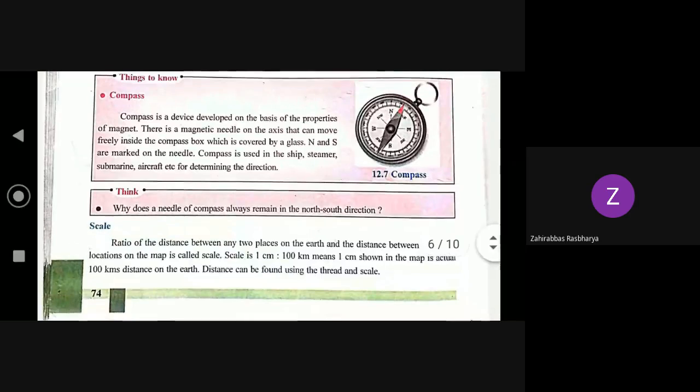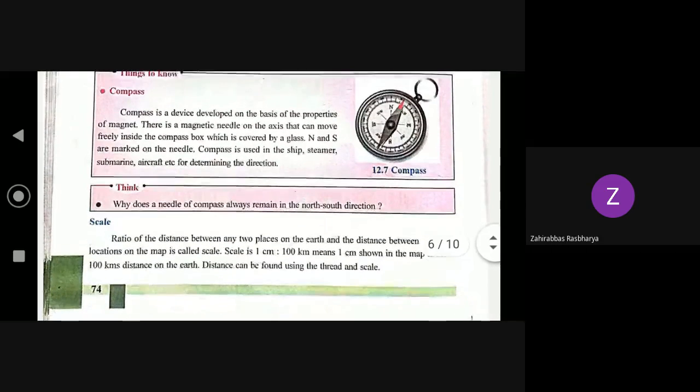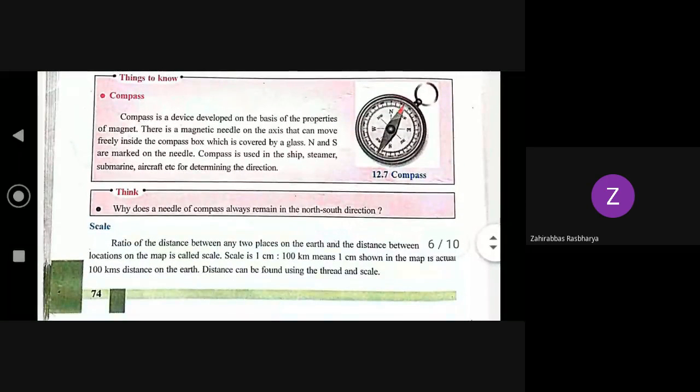Okay, what is a compass? Yes, Fatima, read compass, things to know. Compass is a device developed on the basis of the properties of magnet. There is a magnet needle on the axis that can move freely inside the compass box, which is covered by a glass.